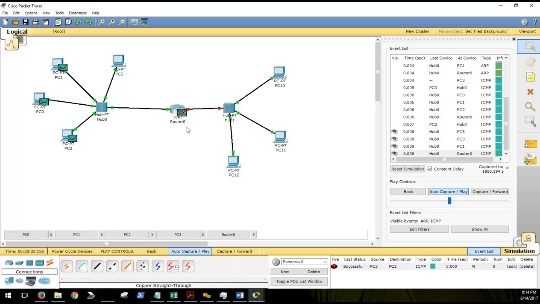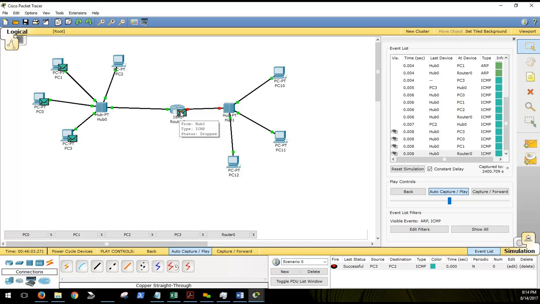Well, but again, what happened was the router did not pass that packet on to the other PCs over here. Right. Because the router knew that this packet was not going over here.